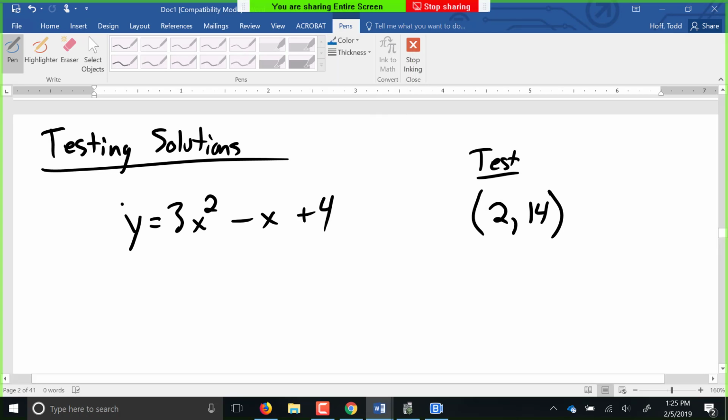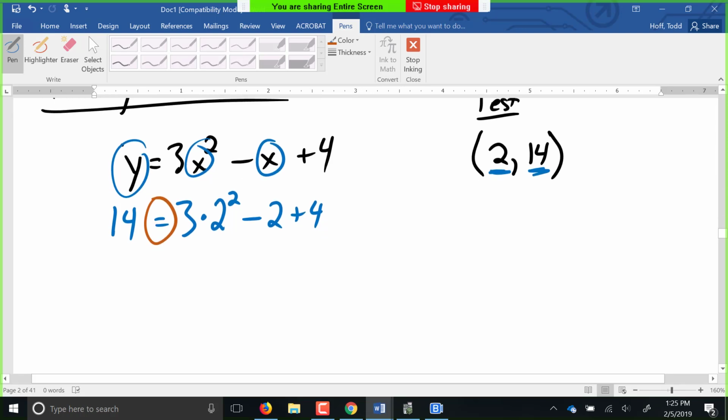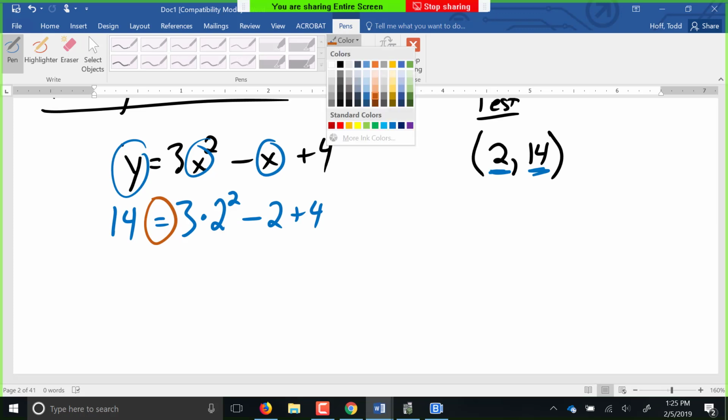Well, to test it, 2 goes in for x. So that's 3 times 2 squared minus 2 plus 4. And 14 goes in for y. Now, I really shouldn't put an equal sign in here because I don't know if they're equal. So really, right now, I have to treat both sides as separate problems.